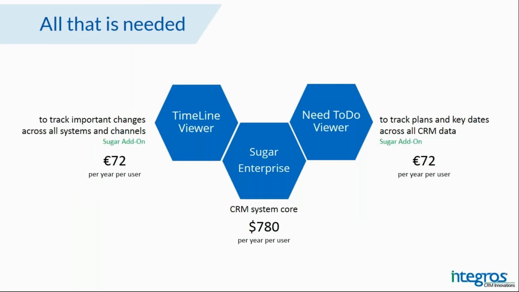And what is needed in terms of systems, in terms of tools? Sugar Enterprise is a CRM core system which is extended with a timeline viewer to track important changes across all the systems and channels, and also a to-do viewer to track plans and key dates across all the CRM data.